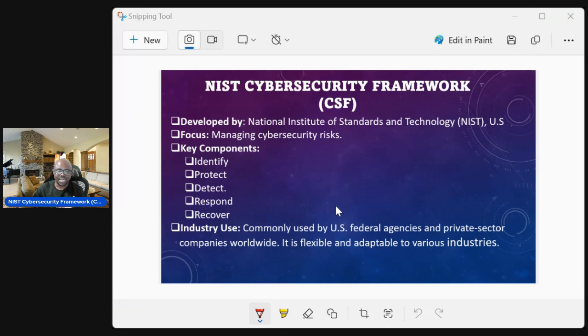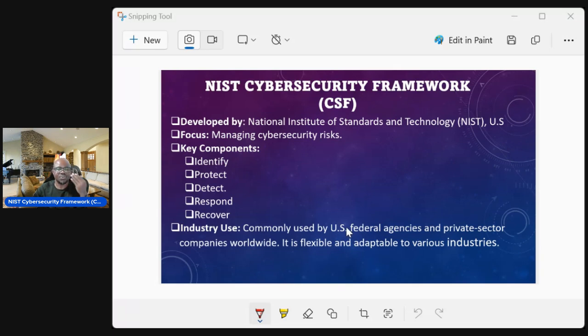Tier 2 is the risk-informed tier. The characteristic of this risk-informed tier is that some risk management practices or processes are in place, but they are not consistently applied across the organization. Cybersecurity practices may be somewhat aligned with organizational risk strategy, but there is still room for improvement. That is tier 2, risk-informed.